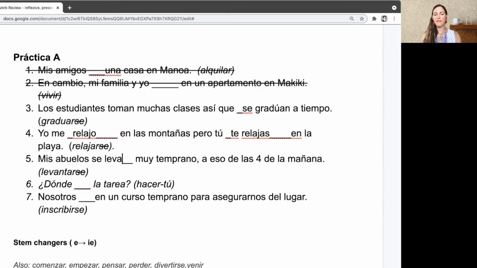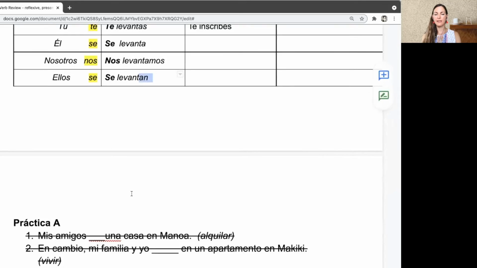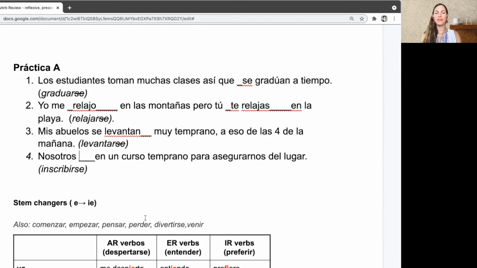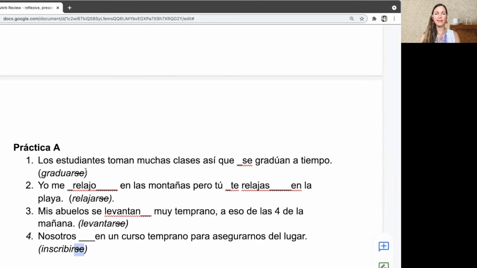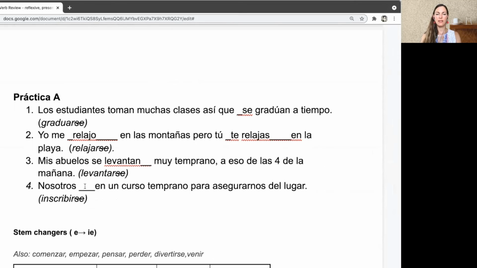Our verb is levant. Okay, it's an AR verb. What's the AR ending for they? An. Levantan. Muy temprano, very early. Okay, nosotros. What's our reflexive pronoun to replace that? Nos. Go here.